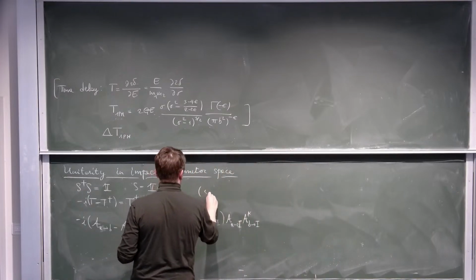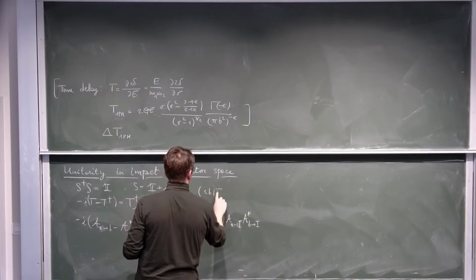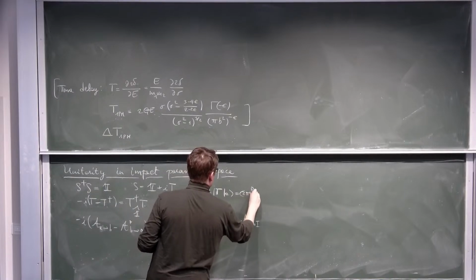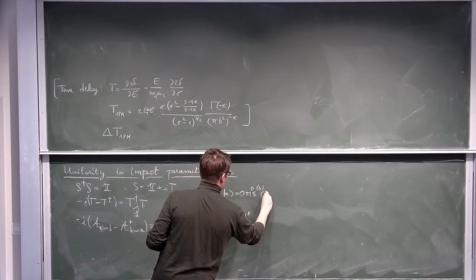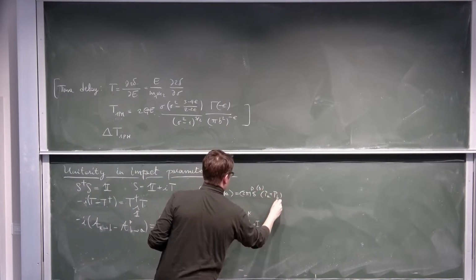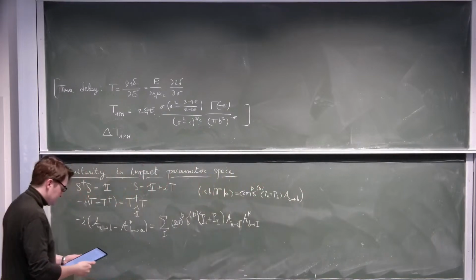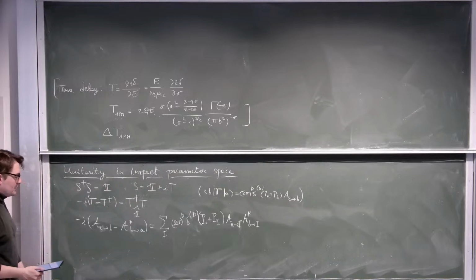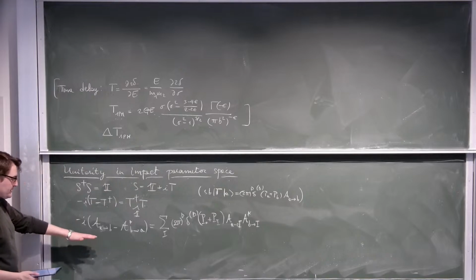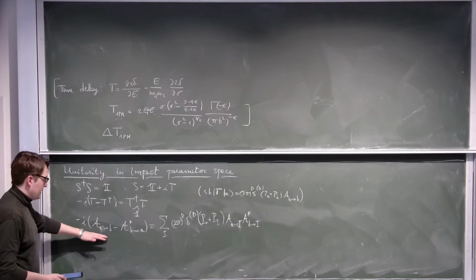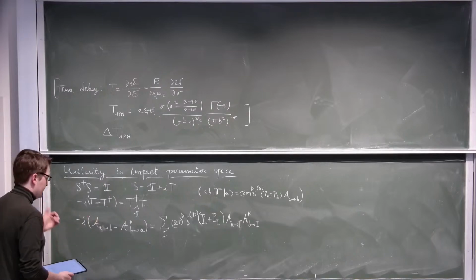Let me remind you the definition. Okay. Now, in the rest, we will be interested in exploring what happens when this identity is applied in particular to the 2-to-2 amplitude. So this A and B will be just two particle states.